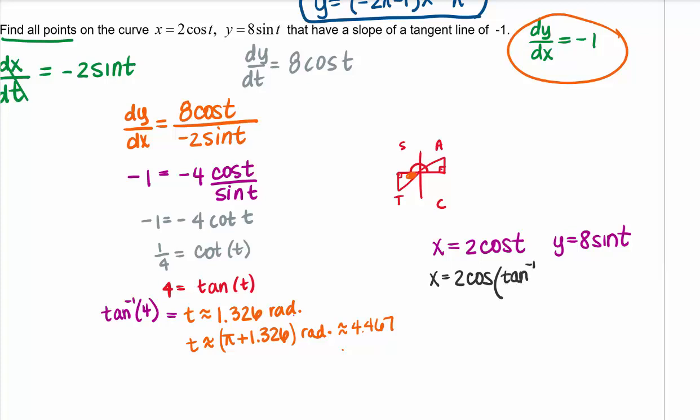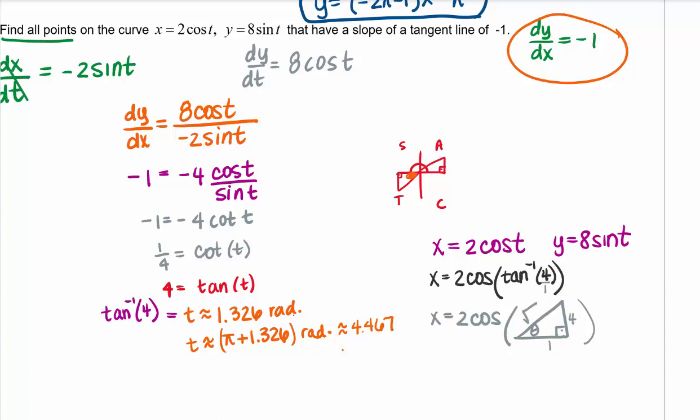And then again, this is that example which I showed before on a previous parametric curve video of inverse trig. So this does have an exact value here because inverse tangent of 4 represents some triangle where tangent is 4 over 1, tangent is opposite over adjacent. So this would be square root of 17.